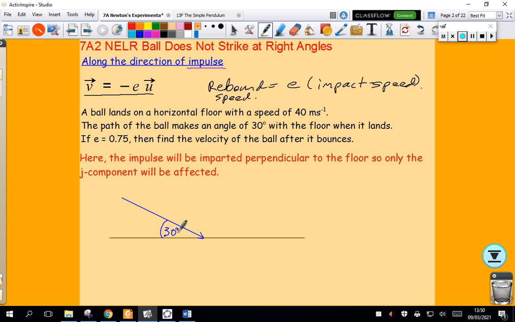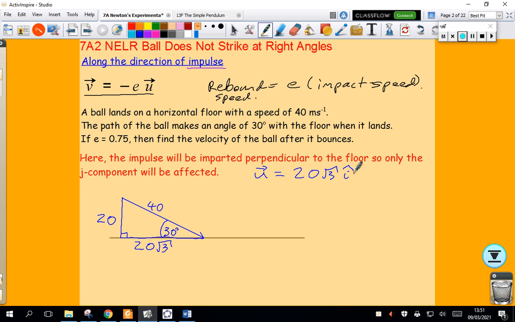Okay, and we're also told that it's traveling with a speed of 40. Now, knowing what we know about special triangles, the side opposite 30 is always half the hypotenuse. The side opposite 60 is always the side opposite 30 times root 3. So the initial velocity of the ball is going to be 20 root 3 i hat.